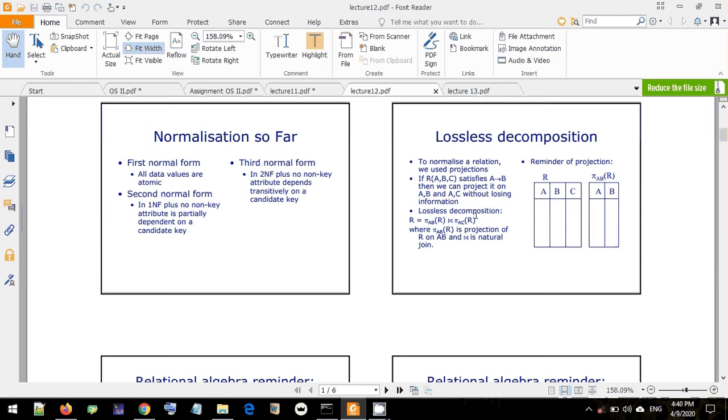This is called lossless decomposition. Algebraically, it can be written as R equals the projection of R on AB natural join the projection of R on AC. So it will look like this, right?